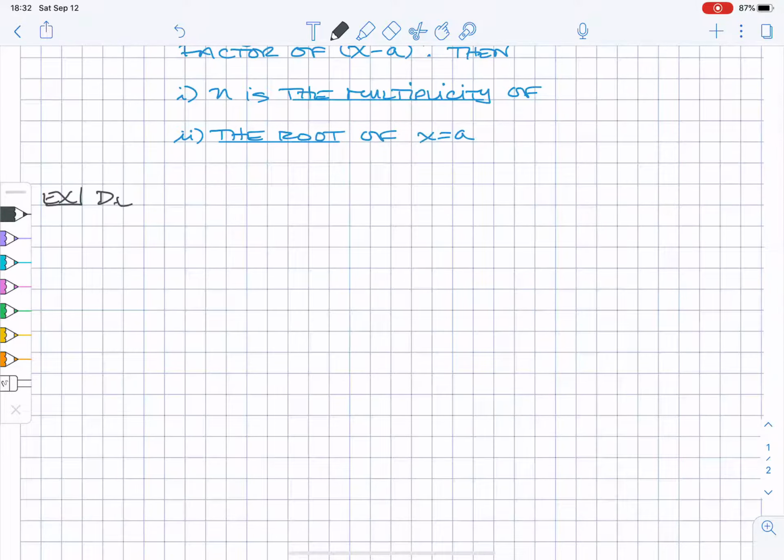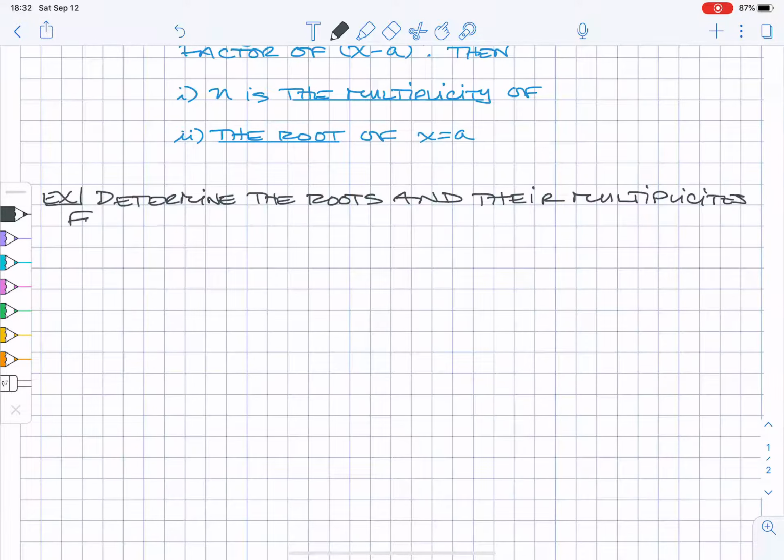determine the roots and their multiplicities for the following.